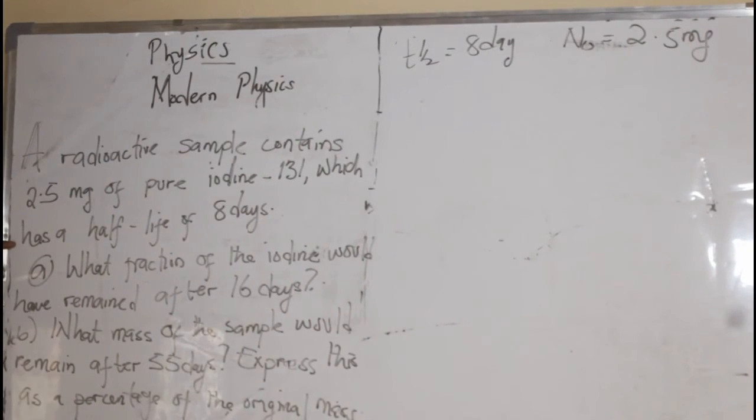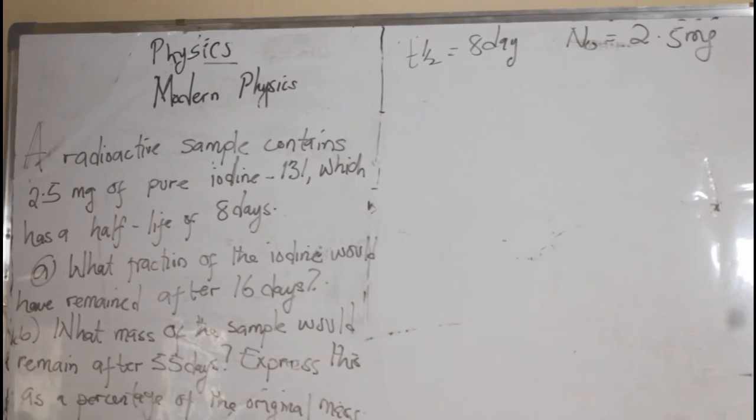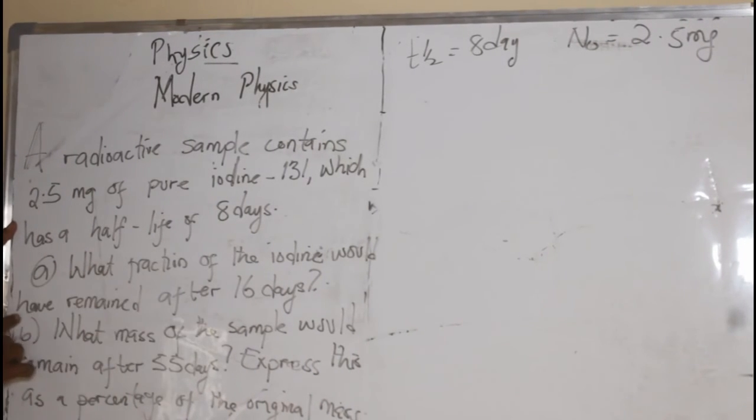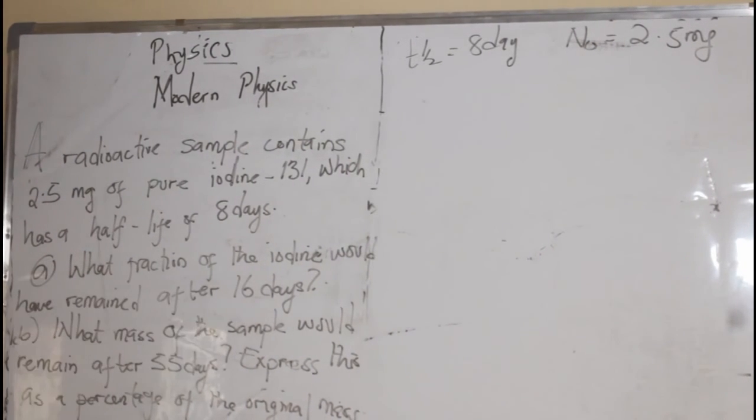It asks what fraction of iodine would have remained after 16 days. This iodine is going to be disintegrating right from day one. We are interested in calculating the iodine that is going to remain after 16 days.